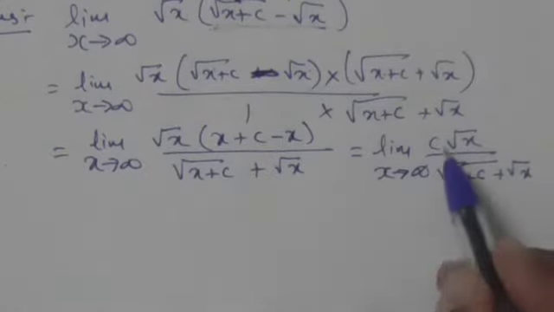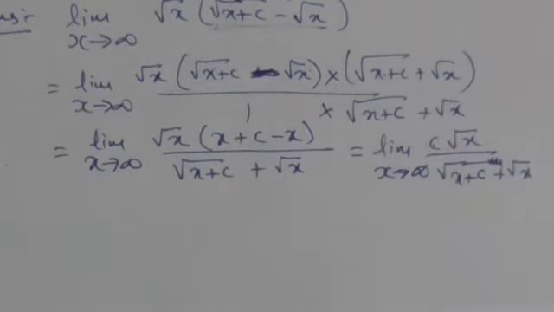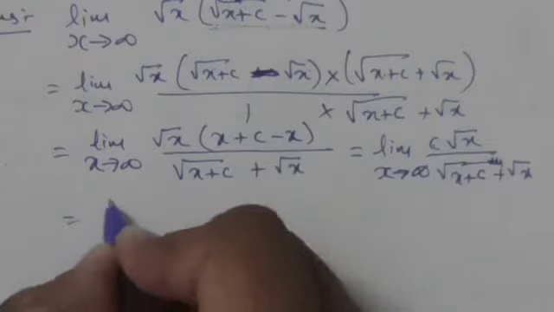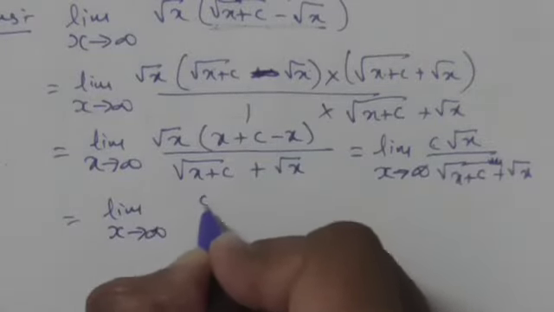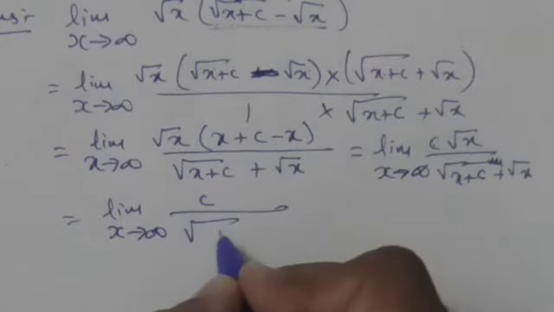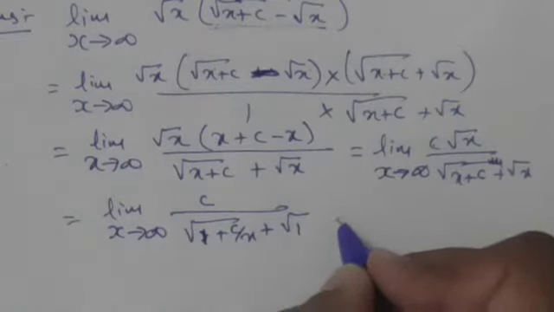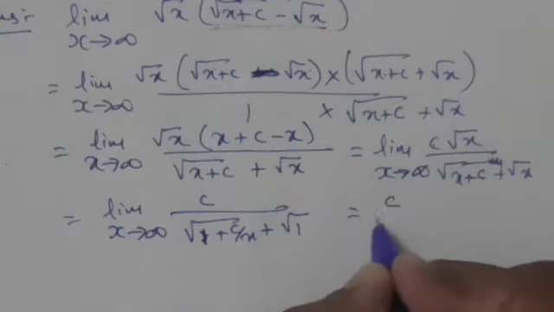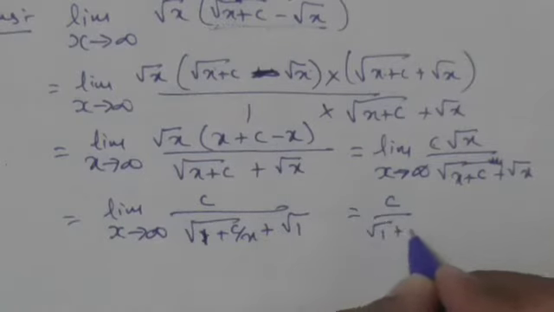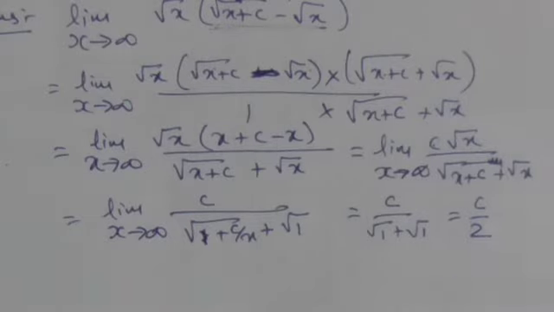Now we will divide both numerator and denominator by root x. So we will get limit x tends to infinity c upon root 1 plus c by x plus root 1, right? So it will be equal to c upon root 1 plus root 1, which is equal to c upon 2.